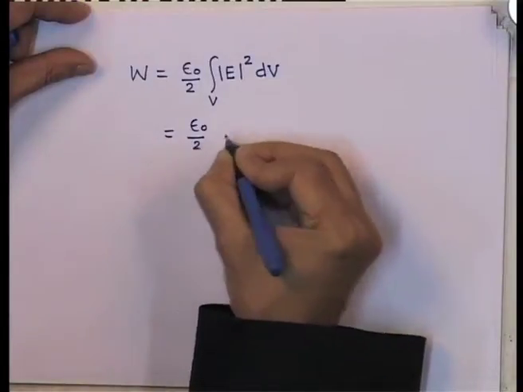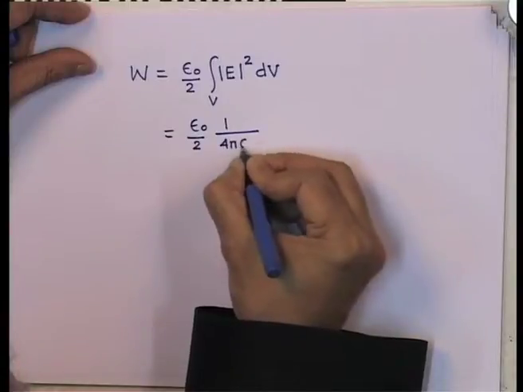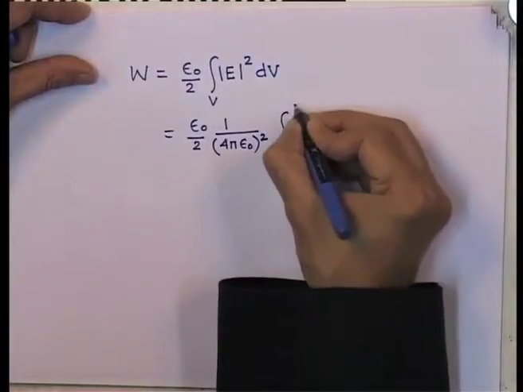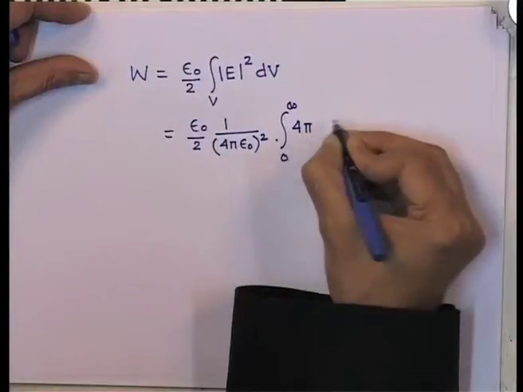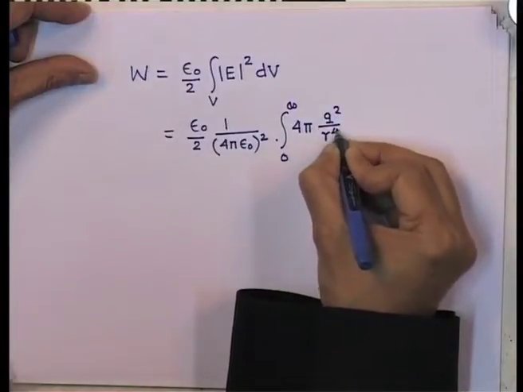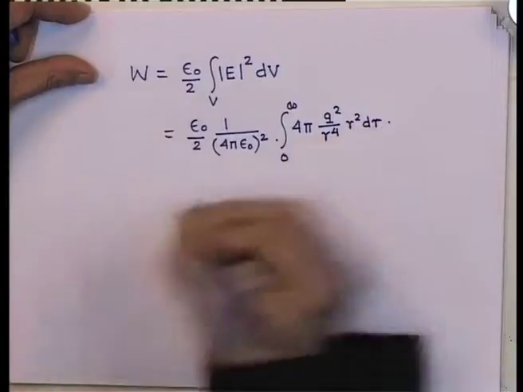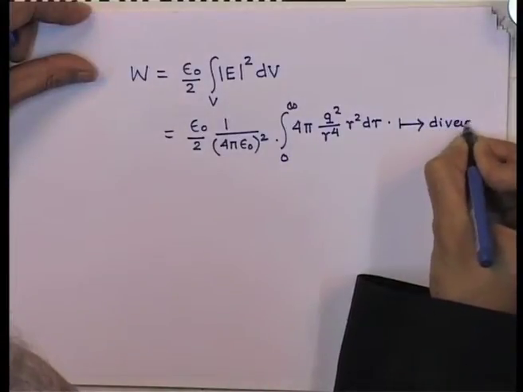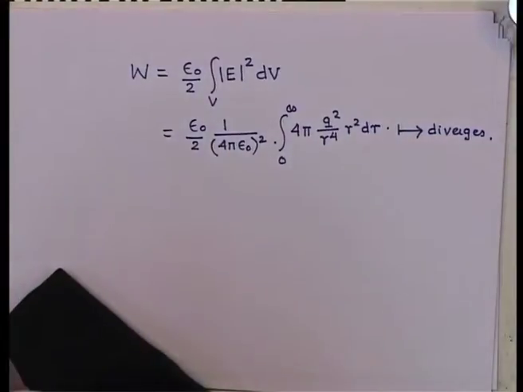We had seen that this then becomes epsilon 0 by 2 times 1 over 4 pi epsilon 0 whole square, and the integral from 0 to infinity, with 4 pi from the angle integration, of q square over r to the power 4 times r square dr. Notice that in the lower limit this diverges. In other words, the amount of work that I need to make the point particle come into being is infinite, and that is known as the self energy of the charge distribution.